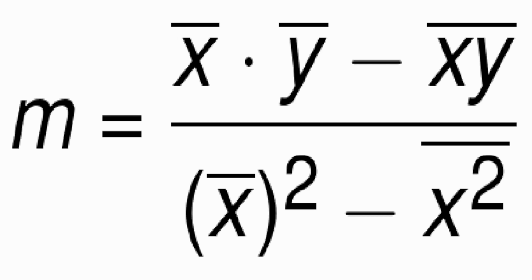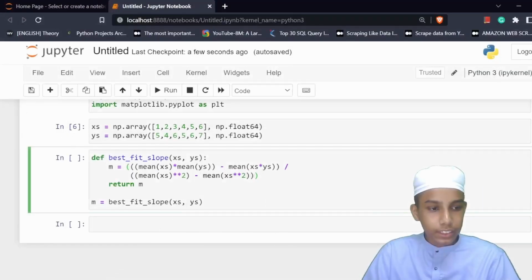In place of x we have the xs, and in place of y we have the ys. Okay, so if you see mean xs into mean ys, and we have the minus mean of xs ys. Okay, so this is the formula.